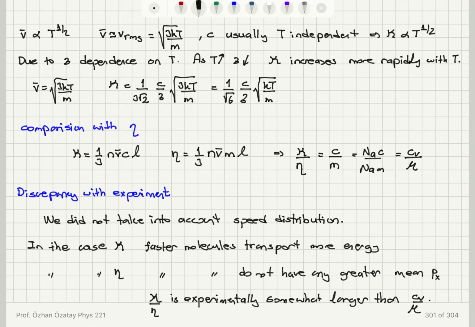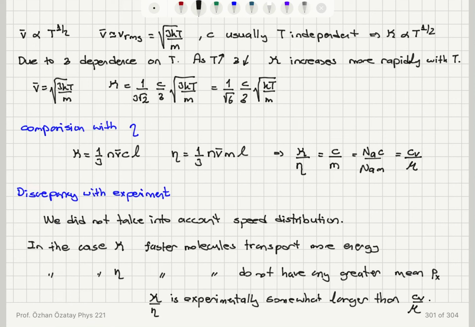If you have a comparison with the viscosity, we can see that the viscosity is given by 1 over 3 n V bar m L instead of C L. So the ratio should be C over m, or molar specific heat divided by the molecular weight. And we find that experimentally this ratio is slightly larger than Cv over mu, due to the fact that we did not take into account the speed distribution.